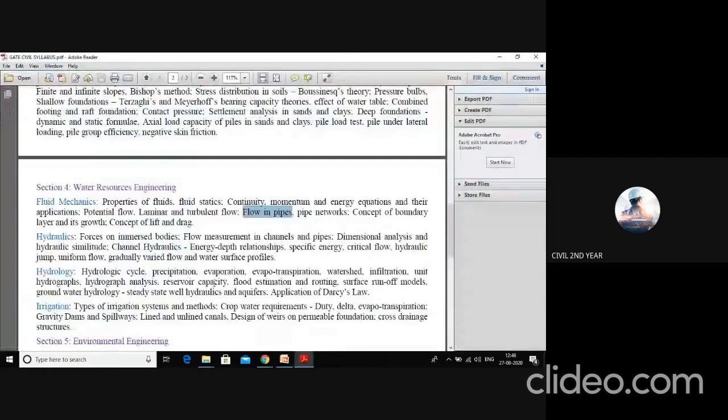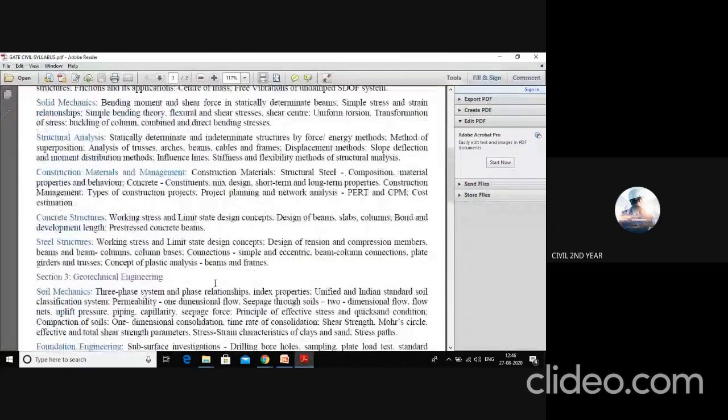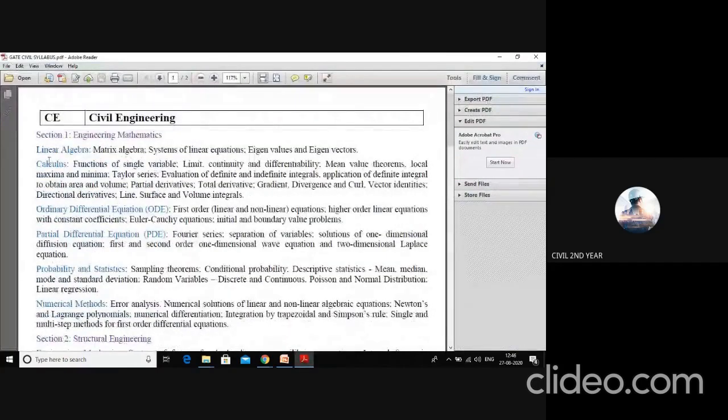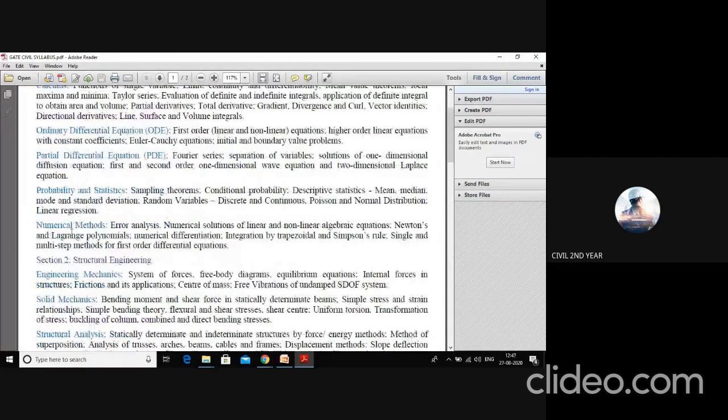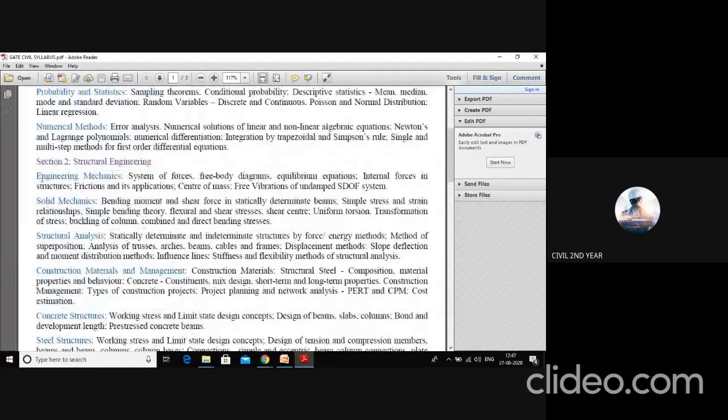So this is the GATE syllabus. These are the topics in the GATE syllabus: linear algebra, calculus, ordinary differential equations, partial differential equations, probability and statistics, numerical methods. These are from engineering mathematics. Then structural engineering: engineering mechanics, structural analysis, construction materials and management, concrete structures, steel structures.